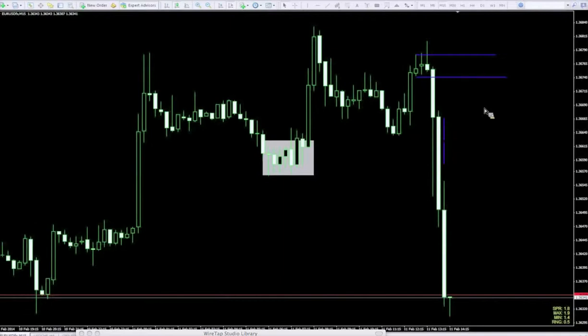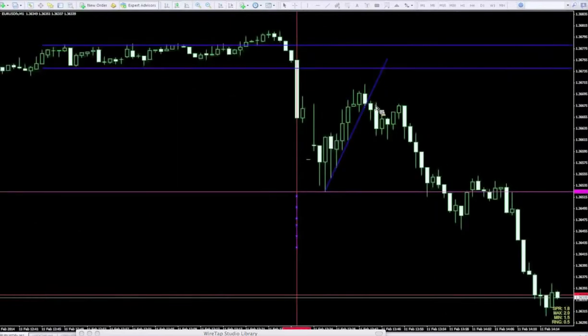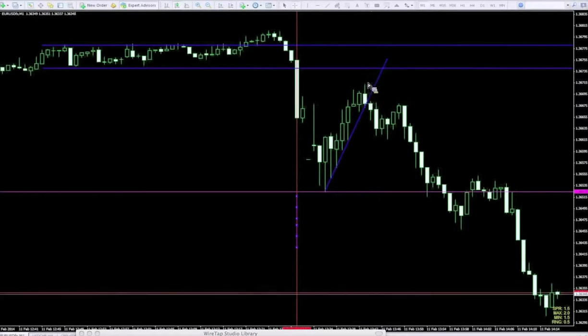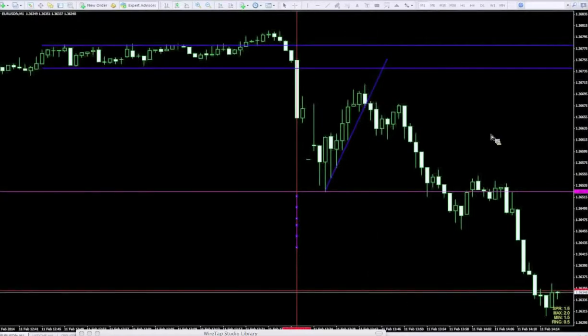So I'm going to go back to the 1 minute time frame, and I'm looking for an entry below this point. One method of entering this trade would have been on these pullback candles. We would pop a trend line in here, and we would look to break this trend line, take the trade in the new direction, with our stop right above the last candle that broke the trend line.